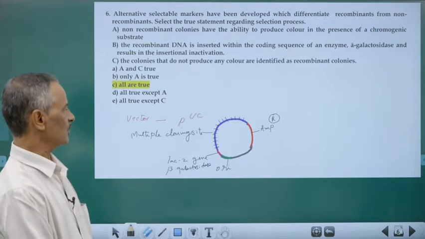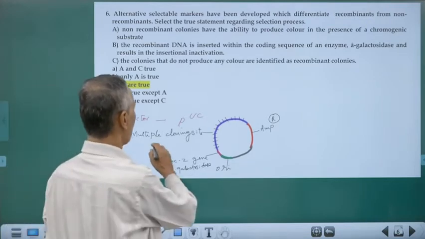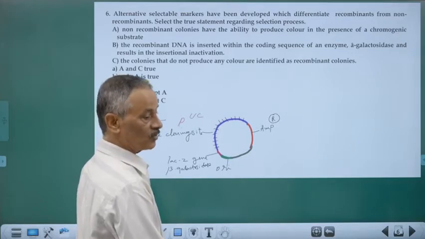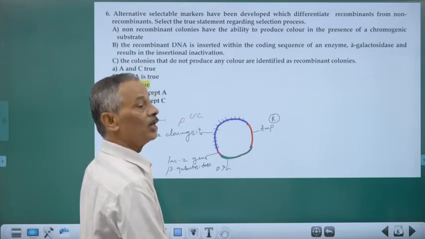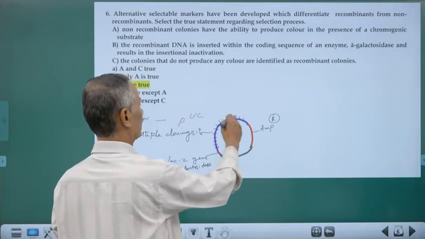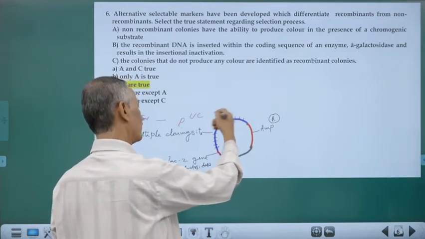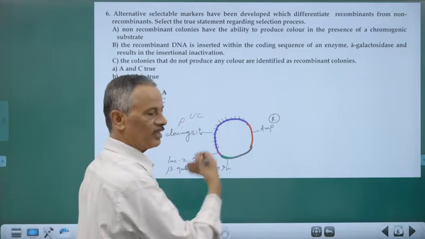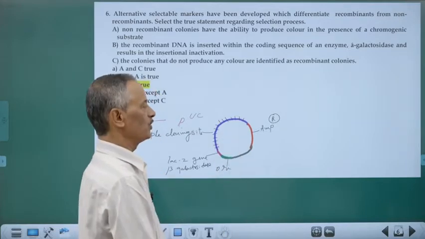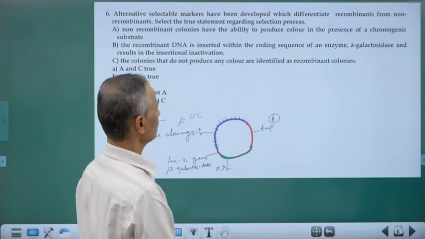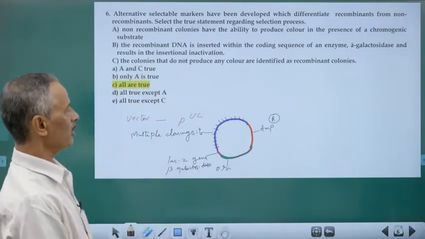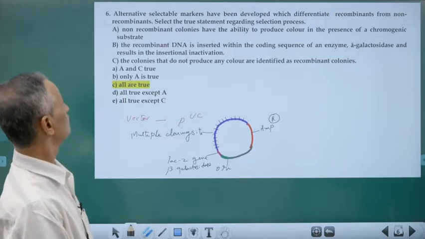Close to the lacZ gene, you will have a multiple cloning site, meaning cutting sites for a large number of enzymes. What enzymes can cut it is determined, and so there are many different types of pUCs. These are all in pairs, and there is a selectable marker, namely the ampicillin resistance gene.